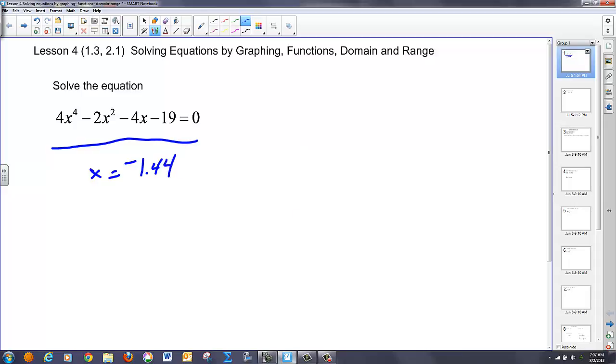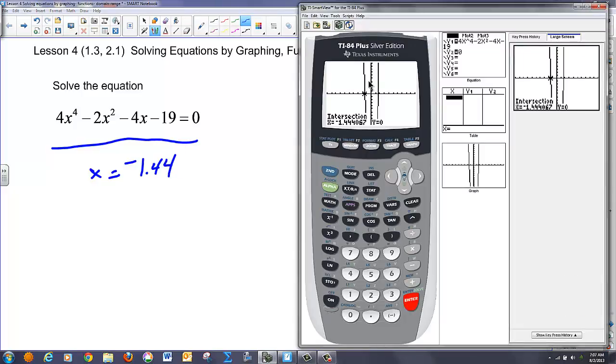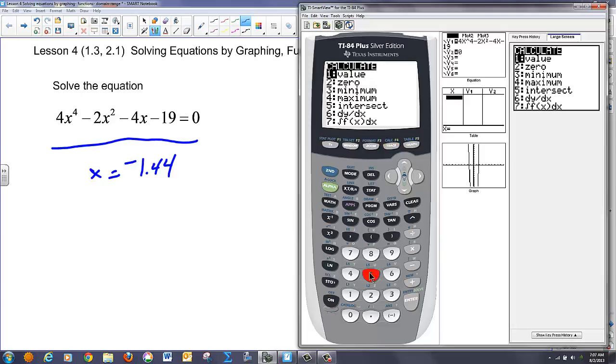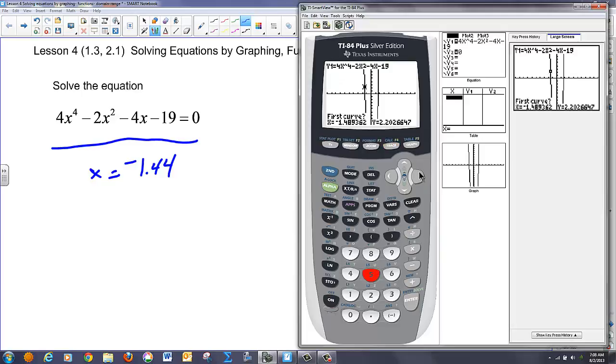And then we're going to once again go back and find the second intersection point. Hit second, calculate. Going to go to the intersection function, which is 5, and we're going to move this cursor from this area over to the area on the right. So I just keep going right until I see that cursor reappear.